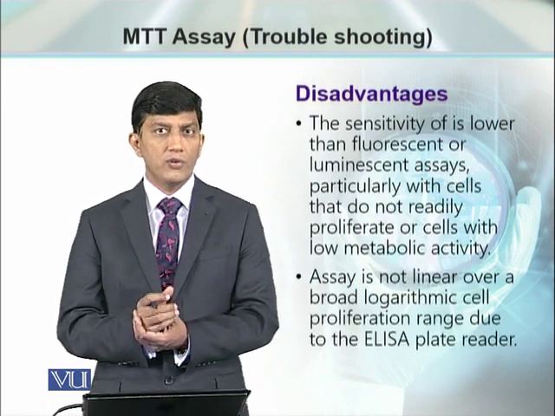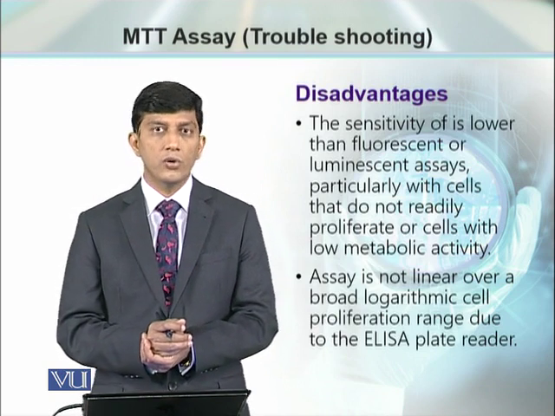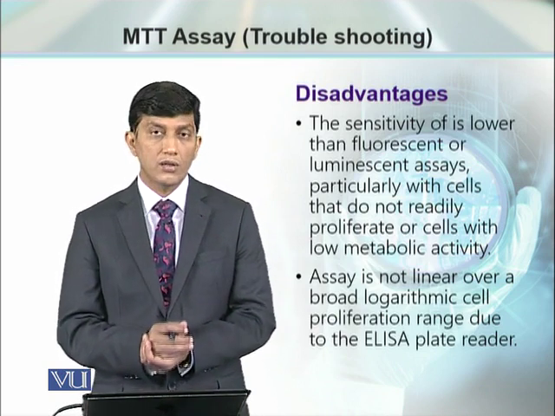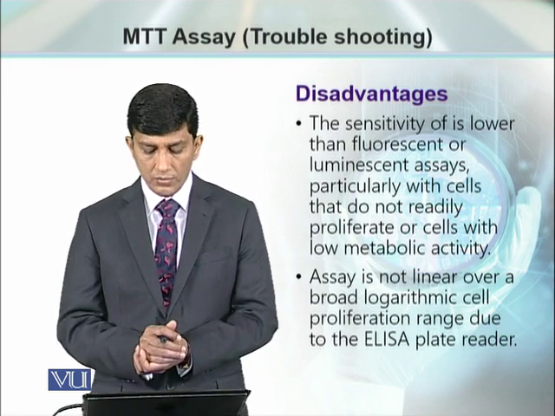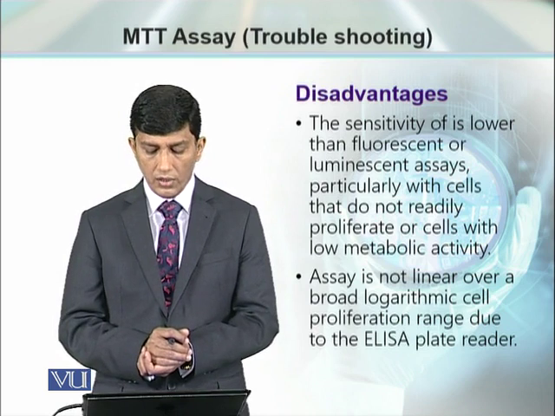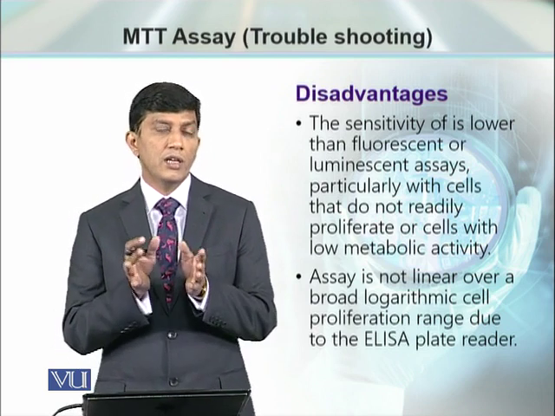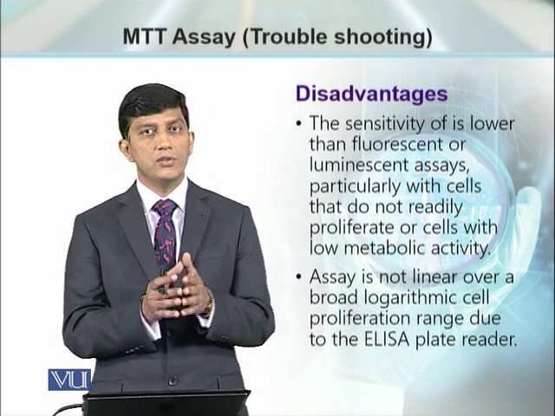There are few disadvantages at the same time. The sensitivity is lower as compared to fluorescent or any luminescence assay, particularly with those cells which do not rapidly proliferate or which have the low metabolic activity. So we are relating the MTT assay results with the metabolism.